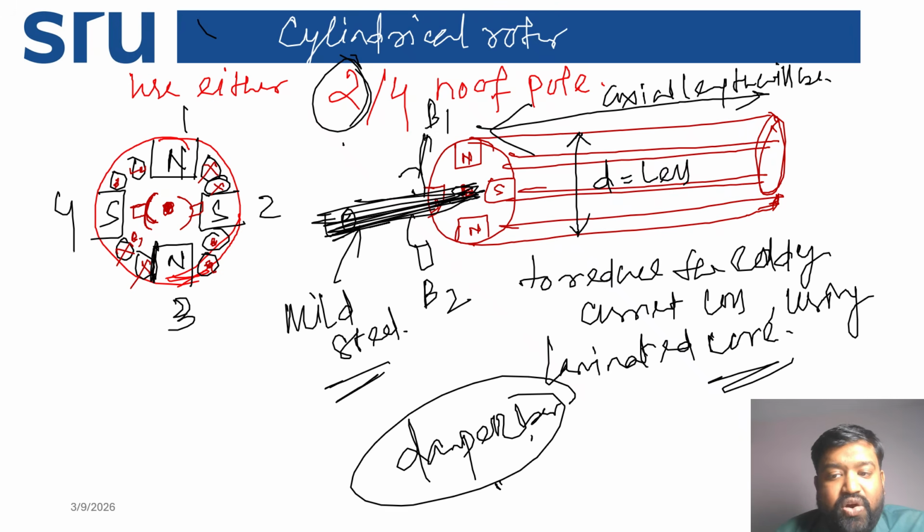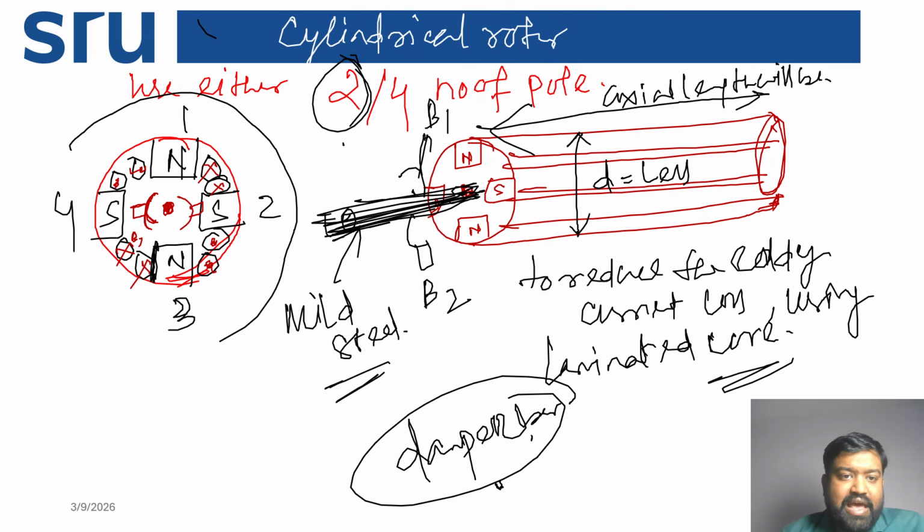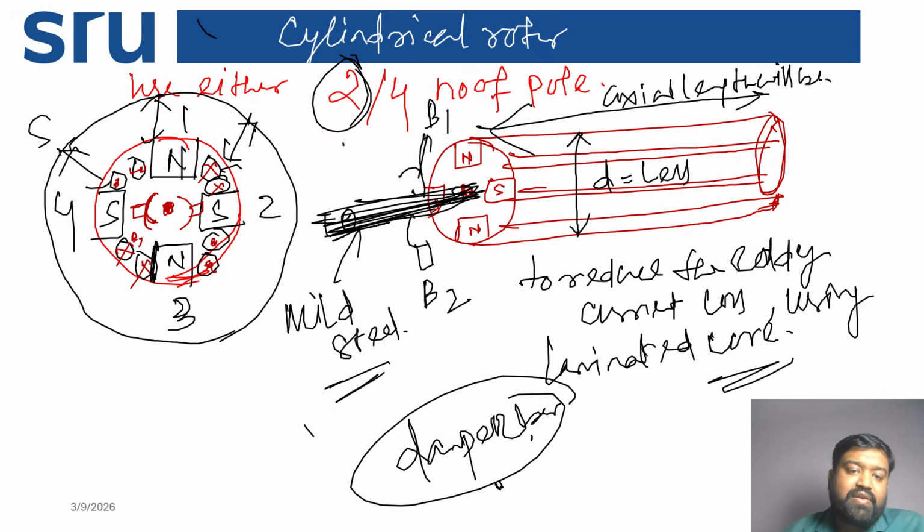Because you are getting a non-uniform air gap, but in case of the cylindrical rotor it is uniform, because you see this is the rotor outside. If the stator is there, then you see this is the stator, then everywhere you are getting the uniform air gap, and due to the uniform air gap, the damper bars are avoided in this section. Okay, keep in mind these things.